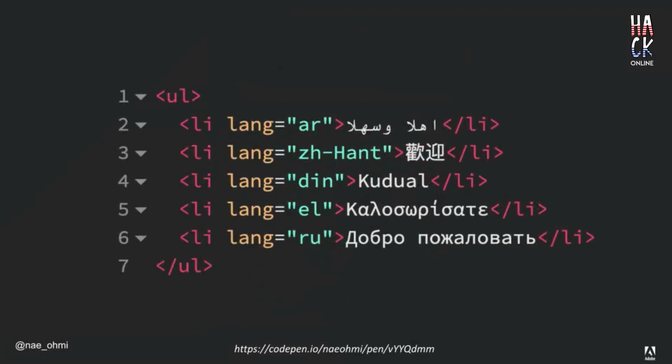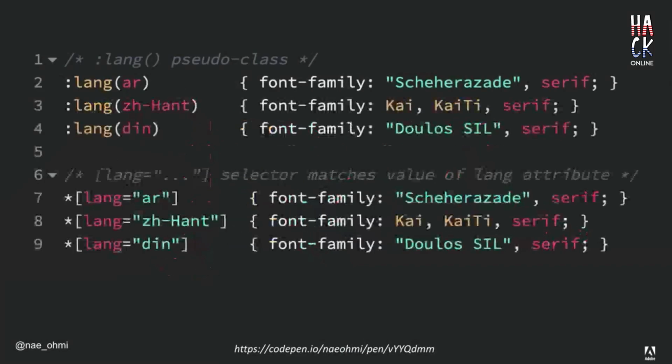Here we have a markup where we have the language tag directly in the HTML, and we can access that language tag with a lang pseudo-class or a lang selector. And technically, we do have the ability to apply different color meanings to our data visualizations to support the culturalization of our data visualizations for distinct users.